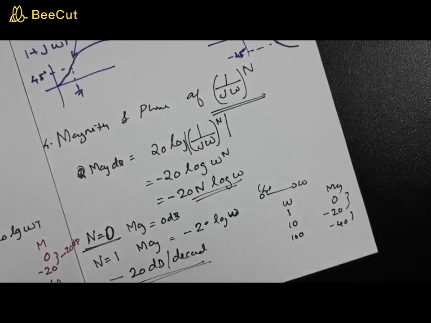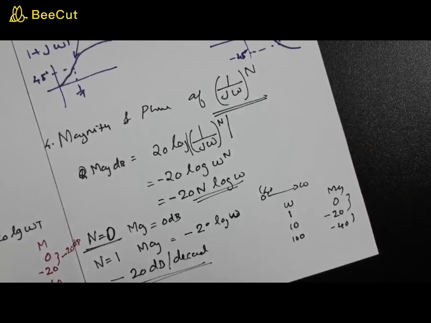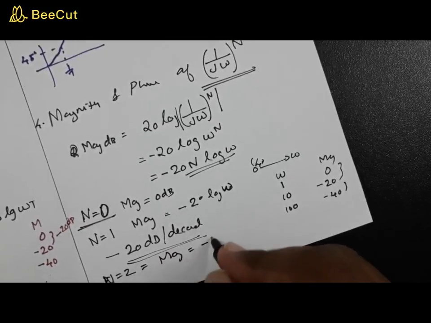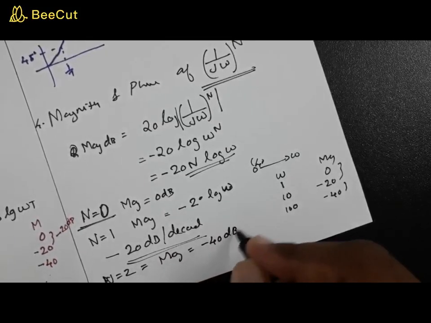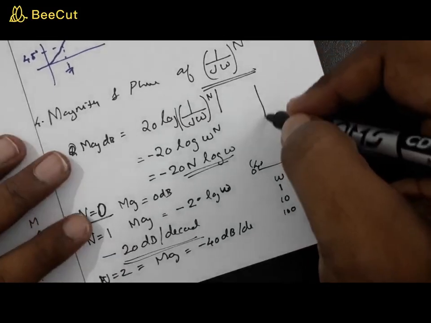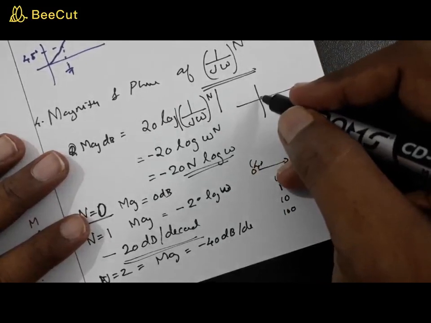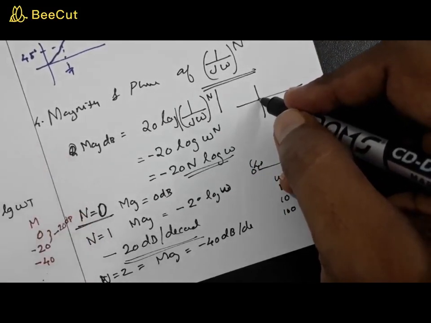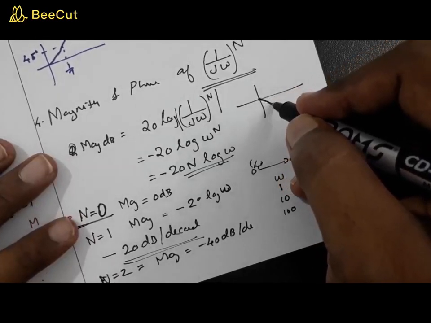Now what if n is equal to 2? If n is equal to 2, then the magnitude is going to be minus 40 dB per decade. So for a type 2 system, it offers a fall of minus 40 dB per decade. When you try to draw this, it starts like this.